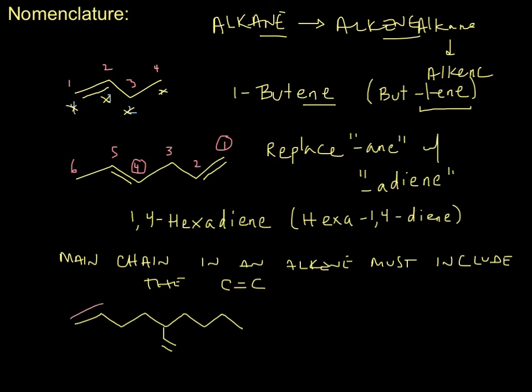So the main chain here, which again must include that double bond, would look like this. And then the rest of it would be defined as a substituent. So the longest chain isn't really necessarily the longest chain in the molecule. The main chain must be the longest chain that contains the C double bond C.